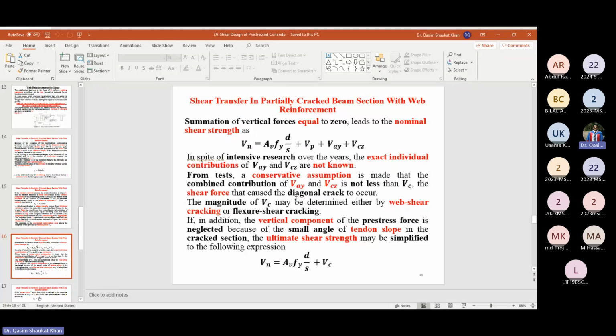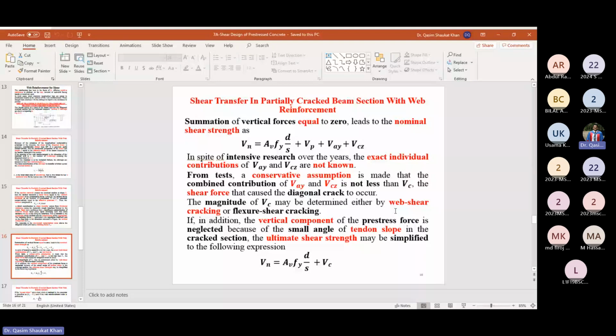The magnitude of VC may be determined either by the web shear cracking or flexure shear cracking. So based on two types of cracking which we have discussed at the start, flexure shear cracks, which are flatter or more horizontal as compared to web shear cracking, in which we have more cracks at 45 degrees.